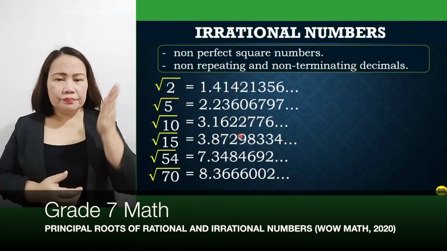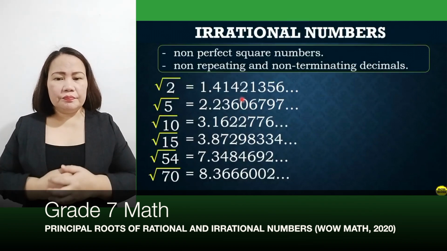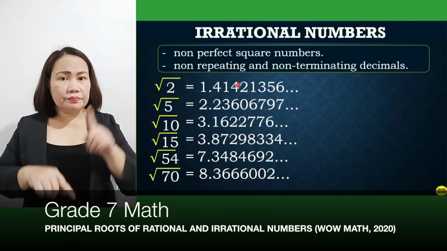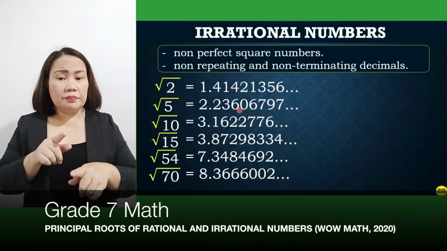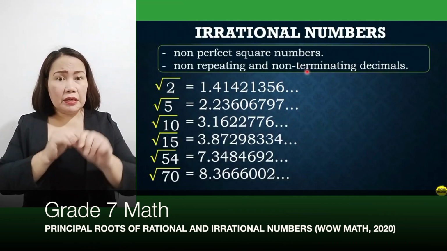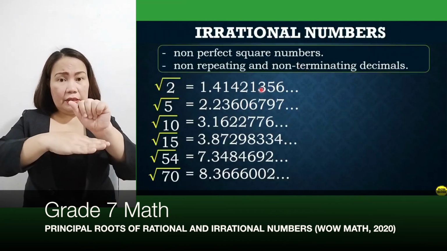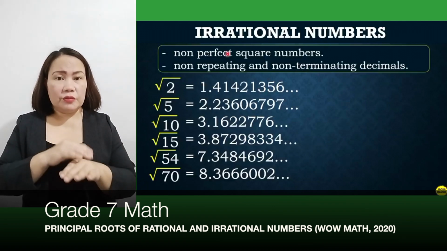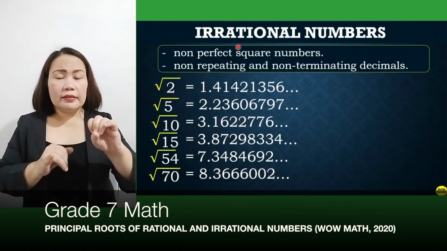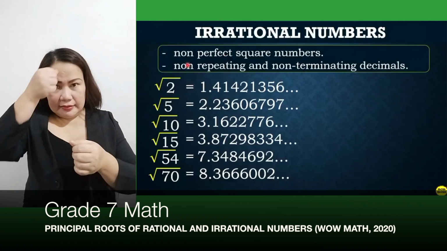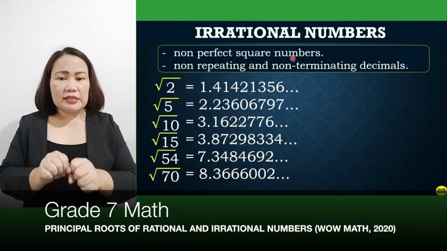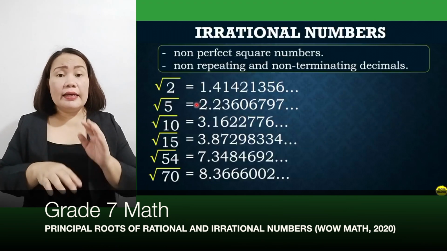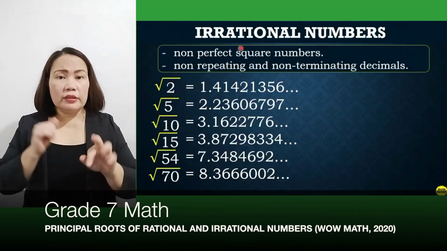Well, this one, since it cannot be expressed as A over B, because it is non-repeating and non-terminating, then these are considered irrational. Remember, when our given is not a perfect square, then those are considered irrational numbers.